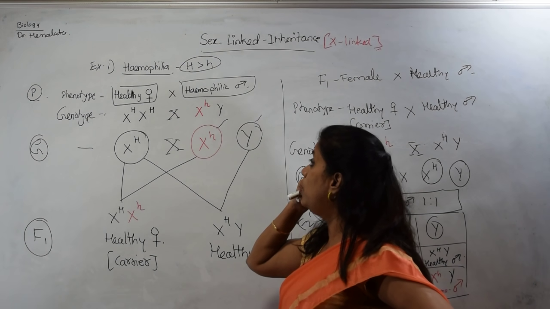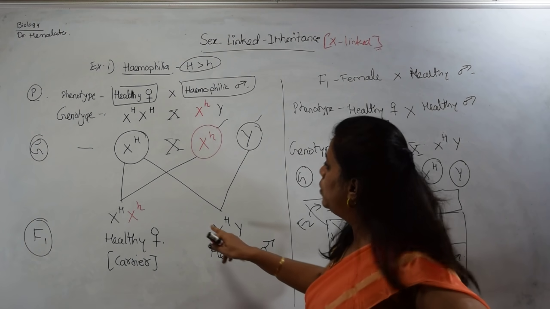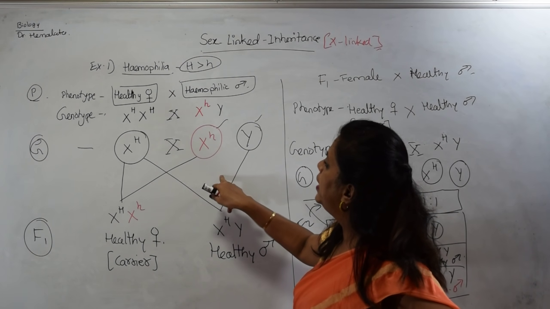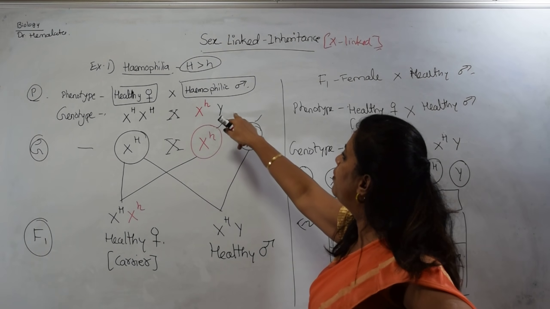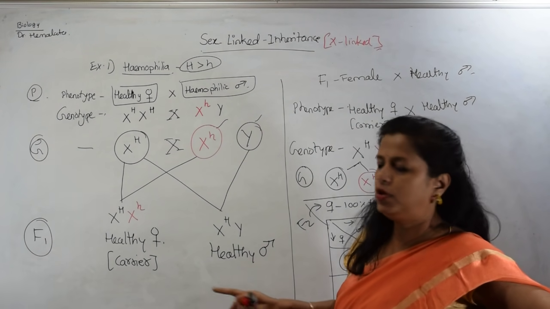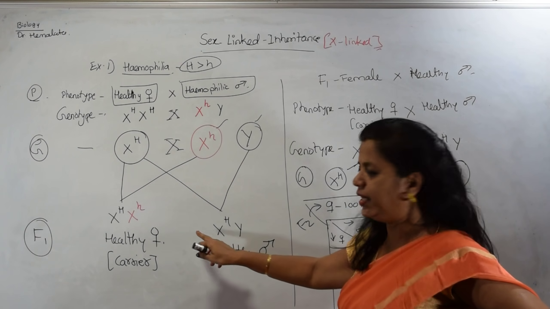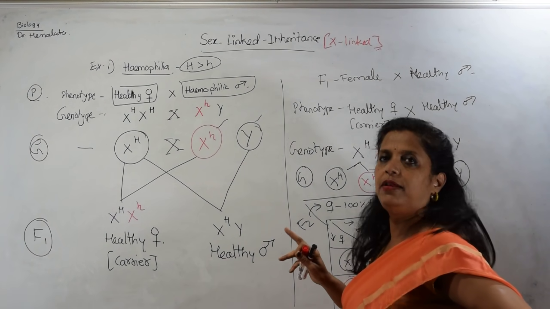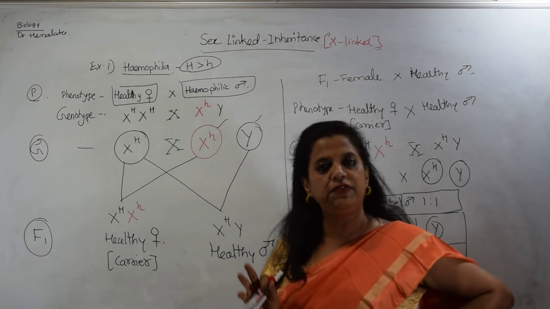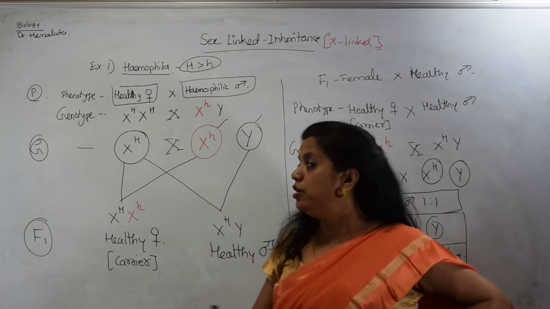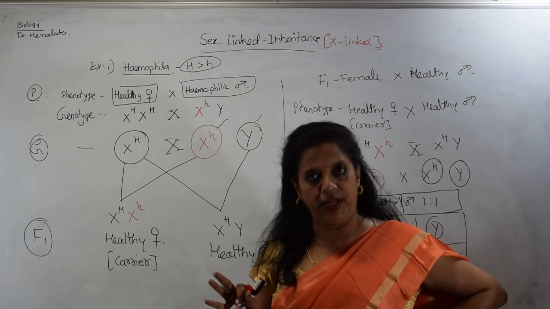But what about the next combination? X capital H Y will be producing healthy males, because this boy will get the X chromosome from his mother, not from the father. He is getting from father only the Y chromosome. So he is getting maleness from father, but the X chromosome is getting from the mother. He is a healthy male. Means, although among the parents, father is having the diseased gene, in first generation, no child is affected with hemophilia.